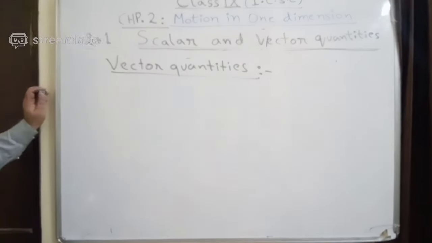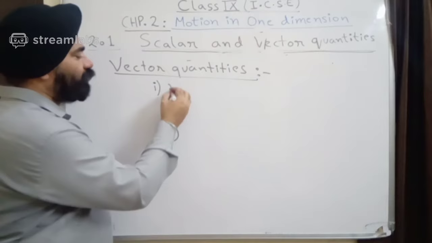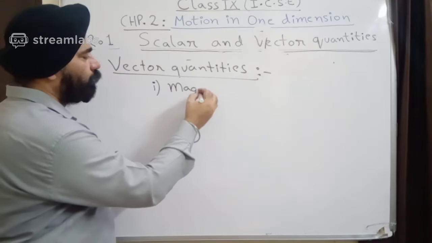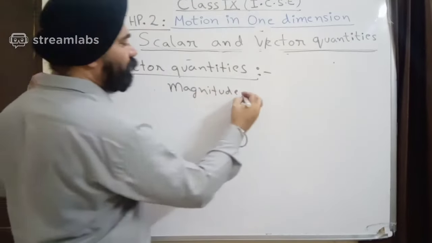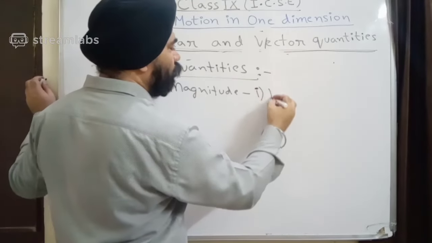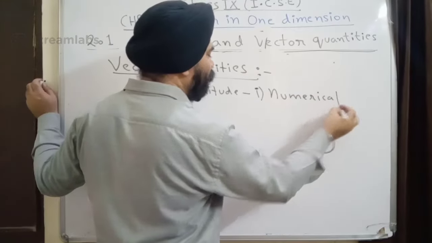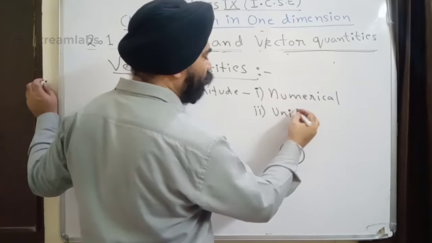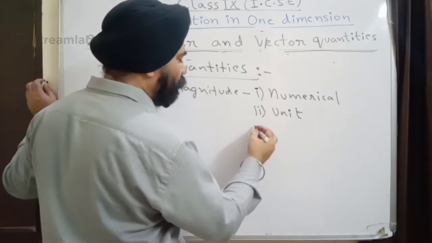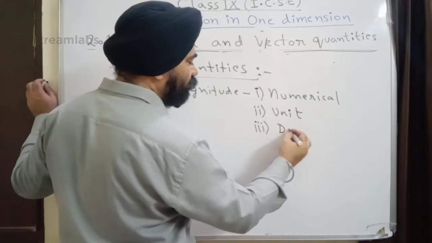In vector quantities, I need both. I need magnitude, which means I need the numerical value, and the appropriate unit with which we make the comparison, and we also need direction.